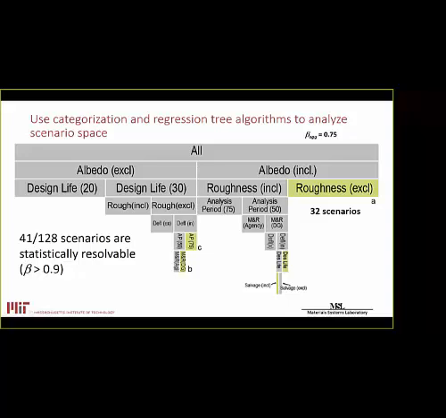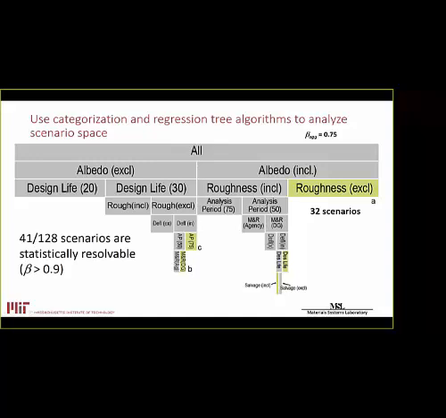Now, what we're showing in green here are scenarios where we can clearly say that one alternative is better than the other. Anything in green here, and it turns out there's 32 scenarios here where we can say that one alternative is better than the other, and there's 41 total across all of these.